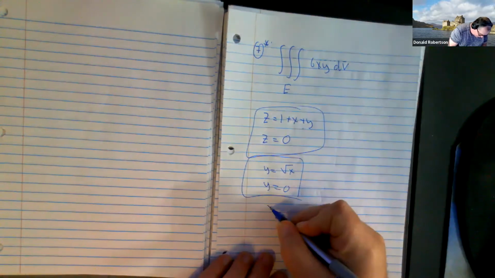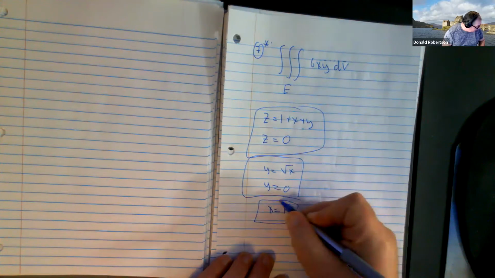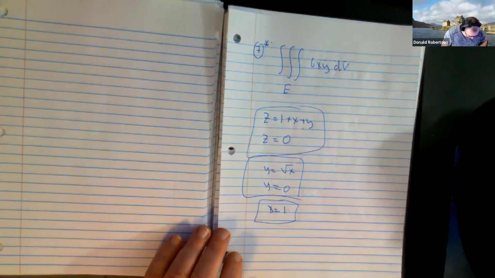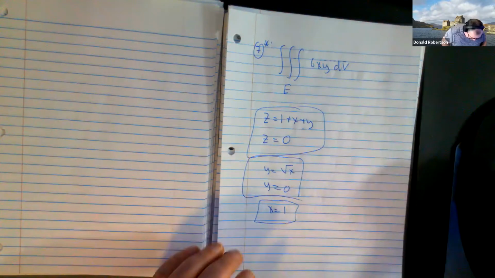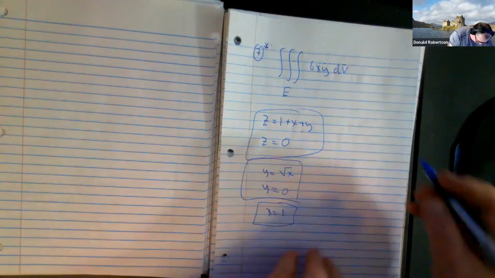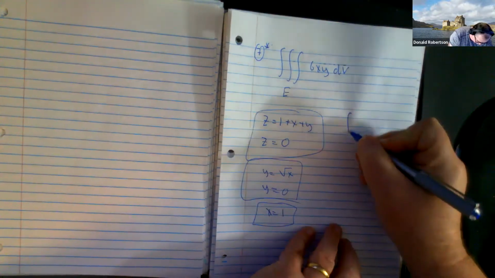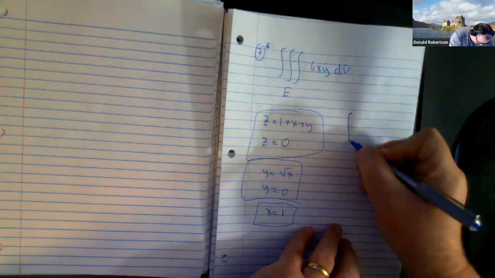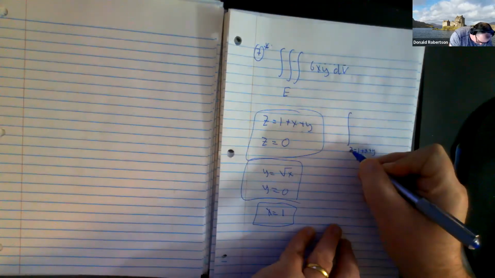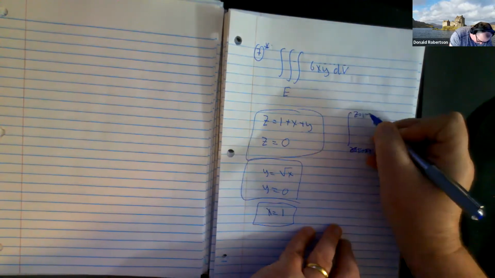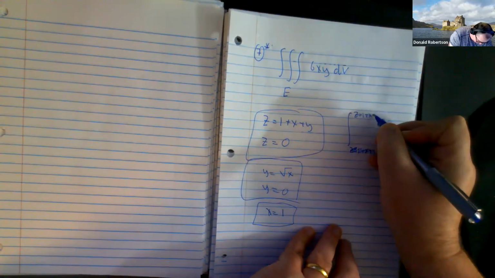And we have x equals 1. So all I need to do is figure out the other x, and we are good. Right, so the integral is going to be from z equals 1 plus x plus y. No, it isn't. 1 plus x plus y goes up here, and z equals 0 goes there.